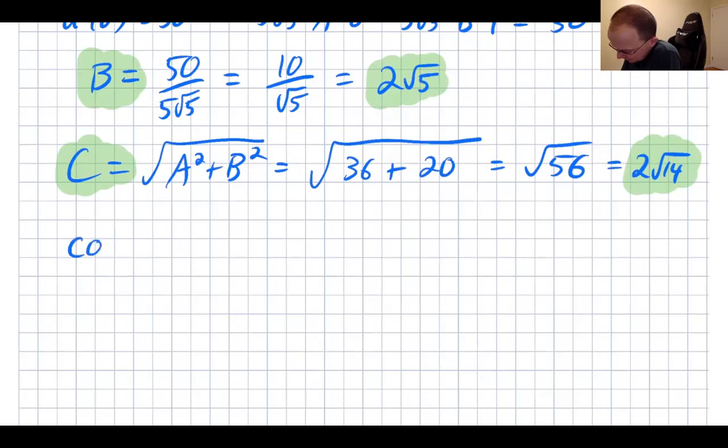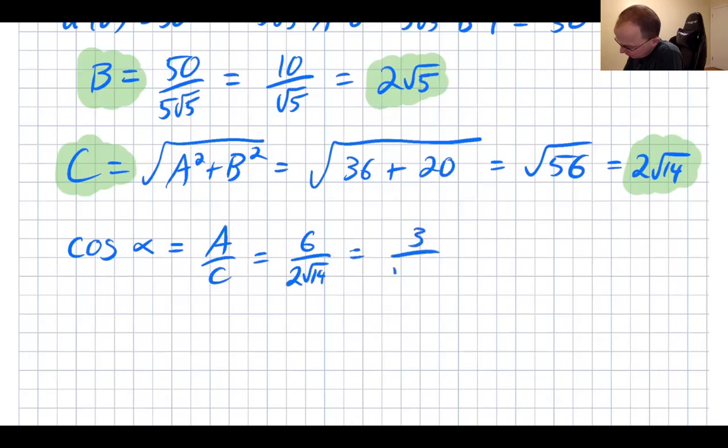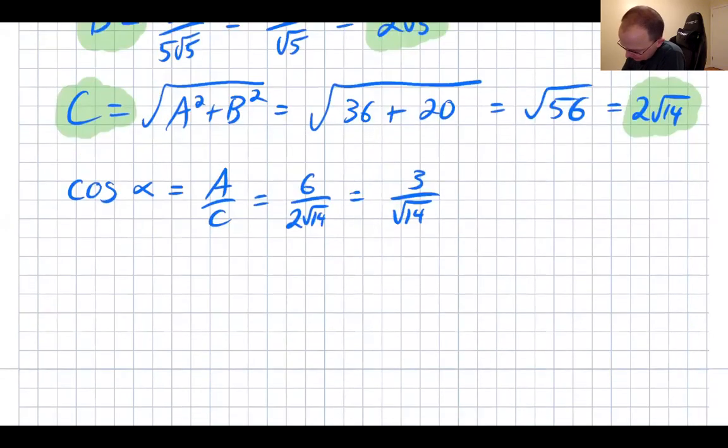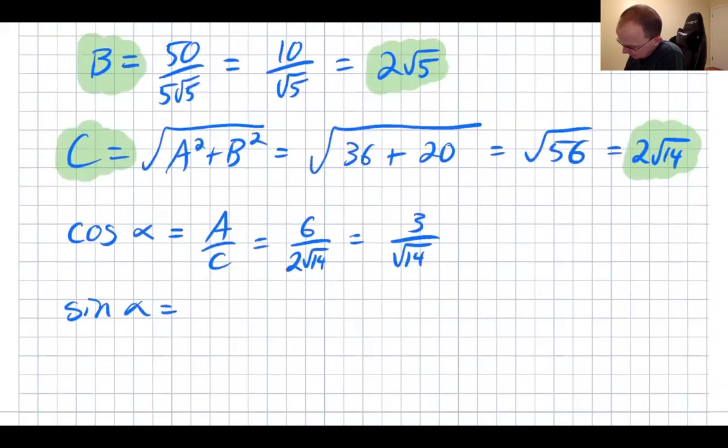Okay. So now cosine, and maybe to distinguish it from that other alpha, well, do I need to do that? I guess it doesn't matter so much. So let's call it cosine alpha is a over c, which is 6 divided by 2 root 14. So we get 3 over root 14. And sine of alpha is 2 root 5 over 2 root 14.